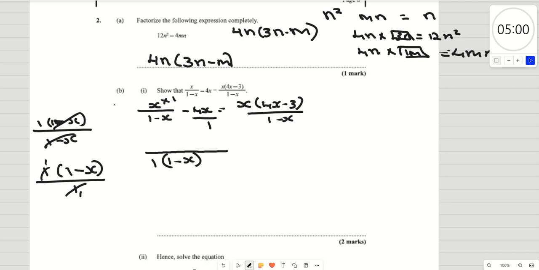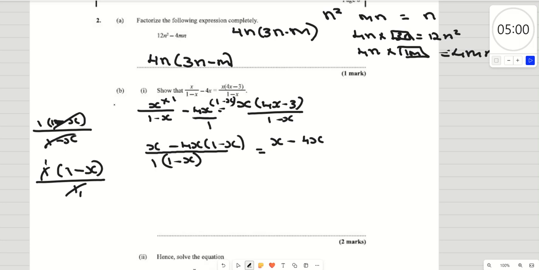So you'll multiply the numerator by 1 minus x. So it's going to be x by 1 is x. Then minus 4x by 1 minus x. This is equal to x minus 4x by 1 is minus 4x.